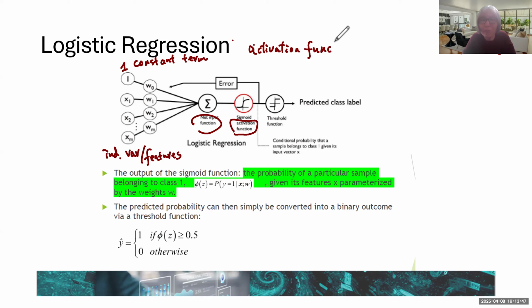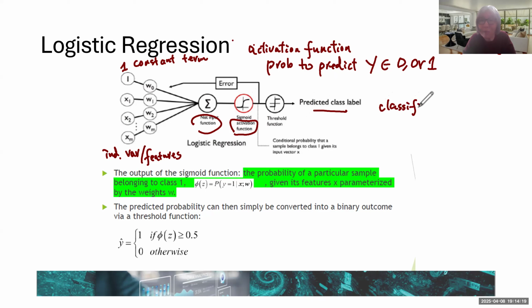And so you have the probability to predict whether the dependent variable y belongs to 0 or 1. With that, based on the threshold, you can predict the class label. That's why we call this a classification problem.